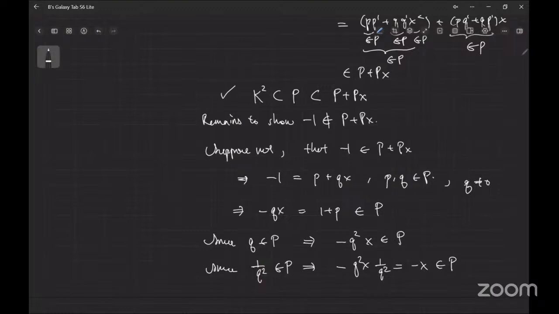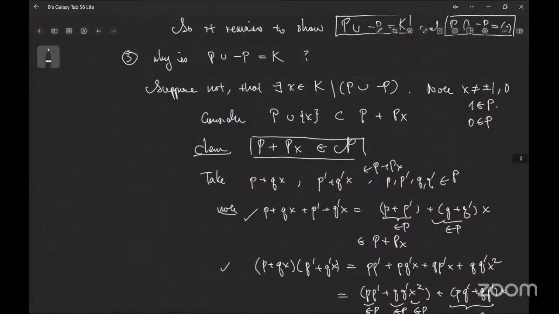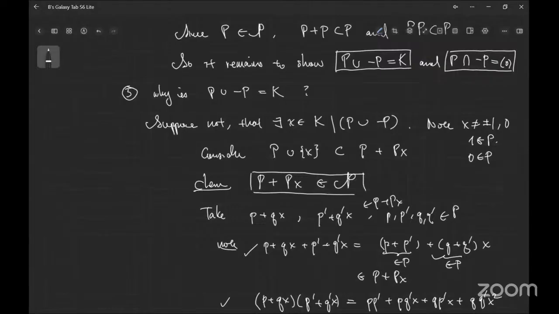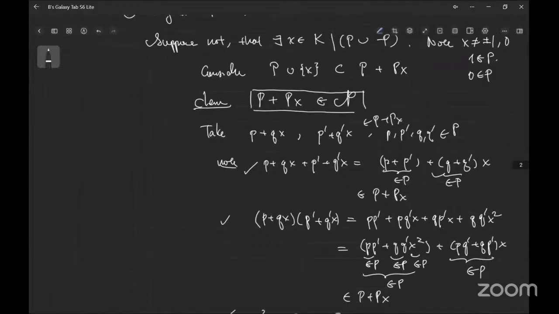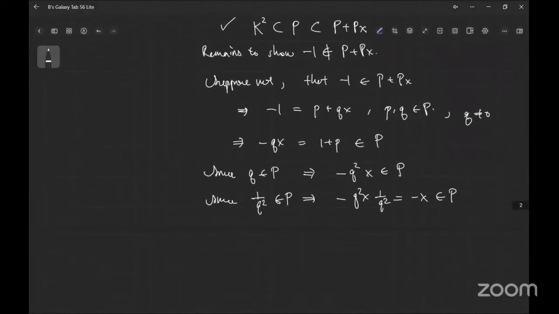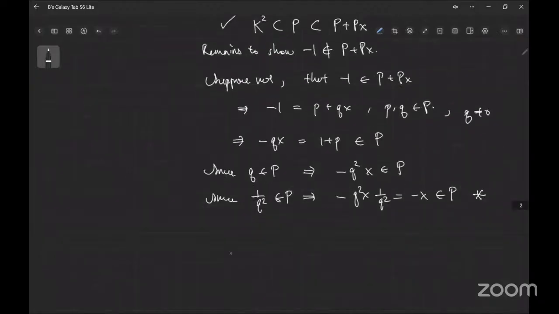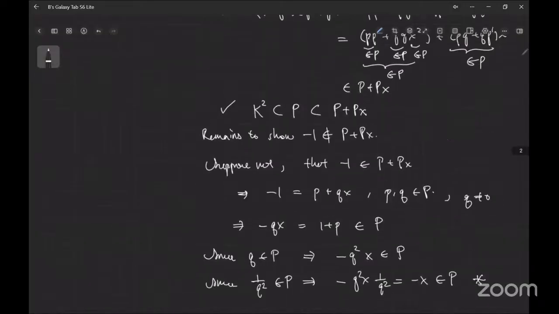So if negative 1 is in P + PX, then negative X is in P. But we assumed that X is not in negative P. So that's a contradiction. That's a contradiction right there. So what does that mean?